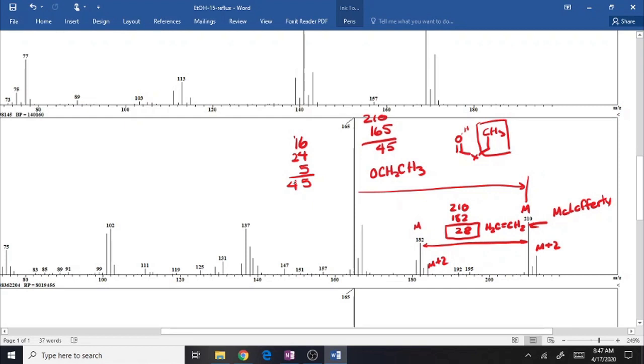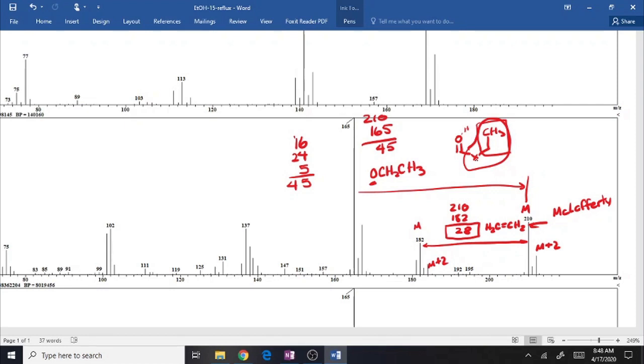But this indicates that whatever we had, we knew we had this propyl chain here for the McLafferty. Given that we are here losing an ethoxide, tells us the X is O. But you should be able to look at this, recognize the loss of fragments, and determine what those fragments are, what is lost, but more importantly, what this is that's left behind.